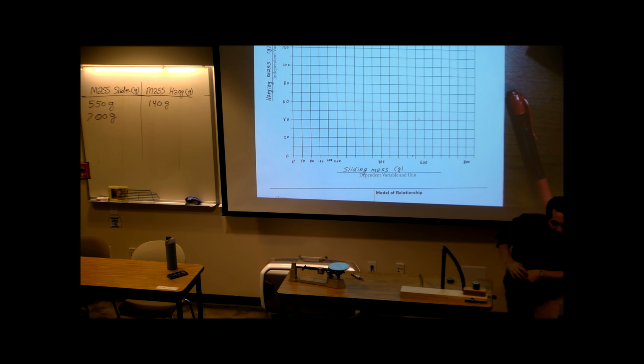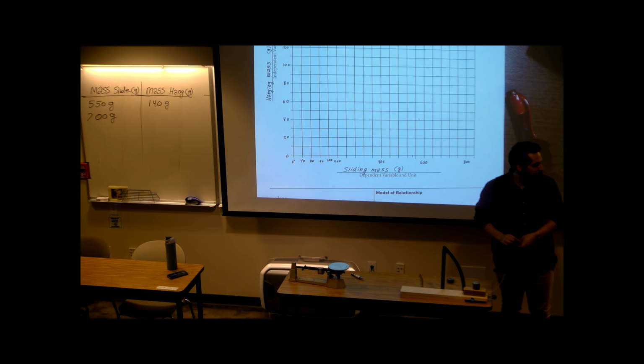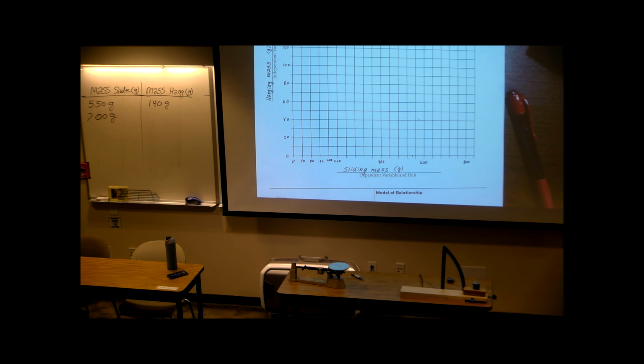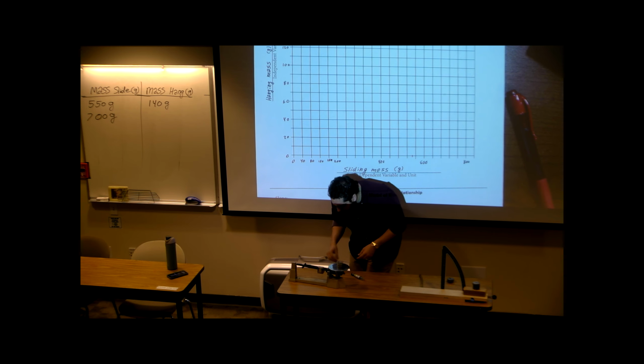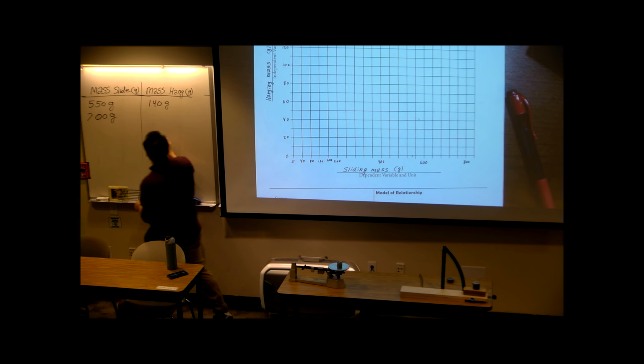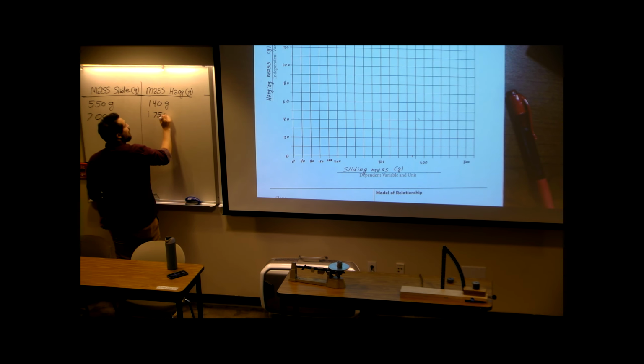So now we have a data point that's at 700 grams for our sliding mass. And we take this, we put it on our scale. About 175 grams.